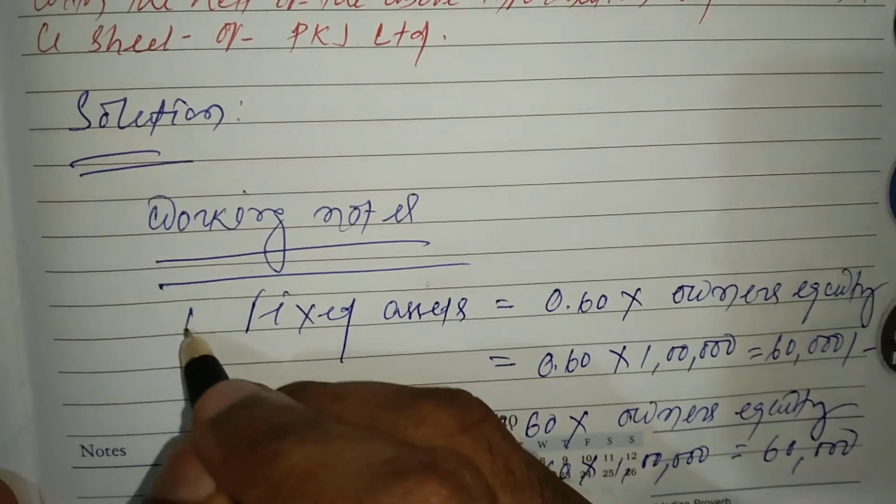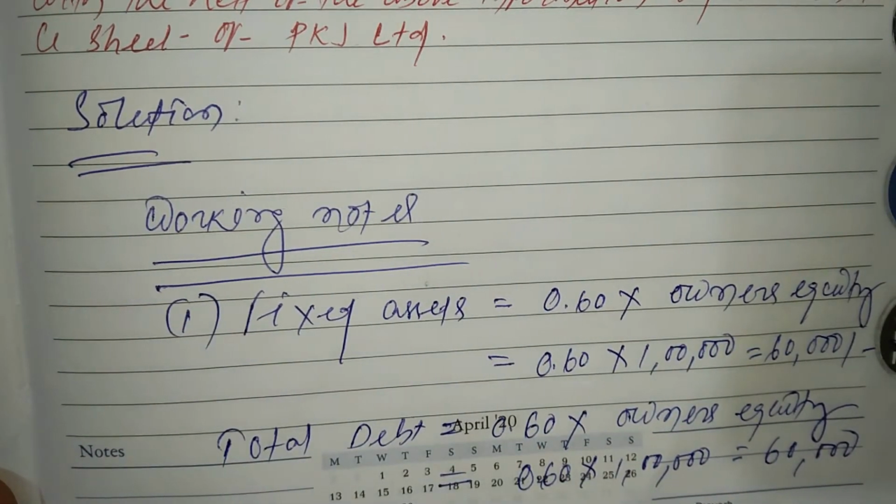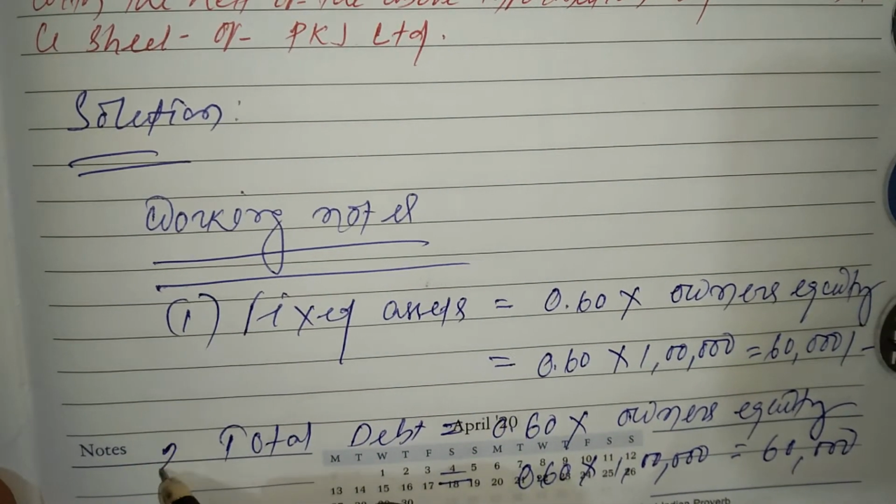Okay, we obtain fixed asset, then total debt.